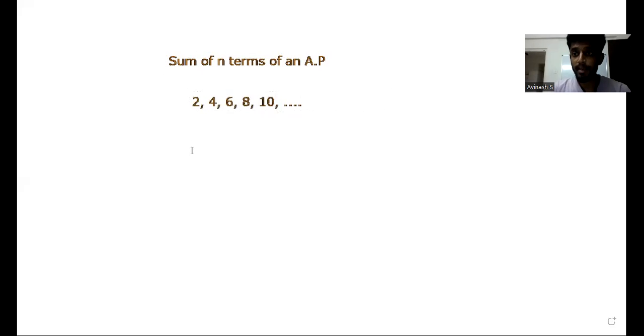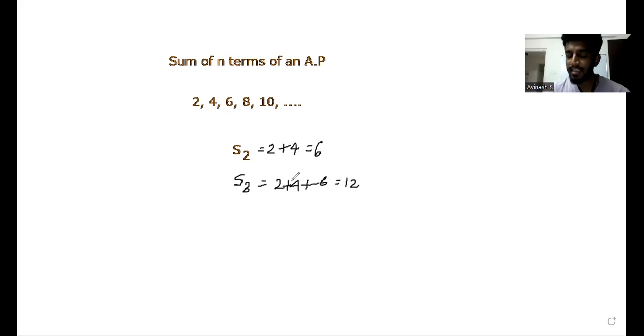When I write S2, I mean the sum of the first 2 terms. That is 2 plus 4, which will be 6. When I say S3, I mean the sum of the first 3 terms of the AP, which is 2 plus 4 plus 6, which is 12.